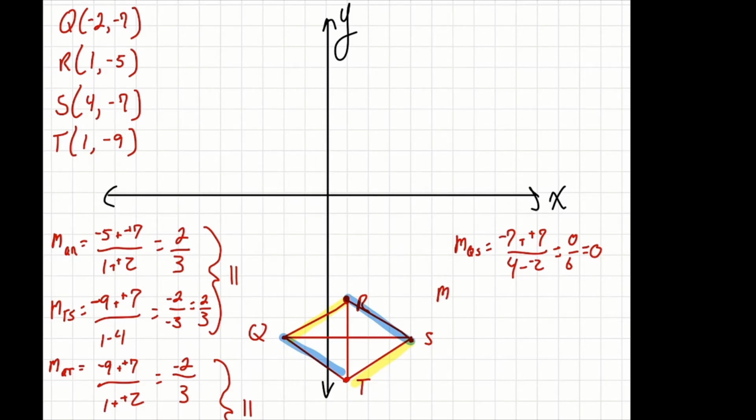But now we're going to do RT. So if you remember back when we talked about slope, the slope of a vertical line, it's not going to be 0. It's the reciprocal of 0, which if you remember way back that the reciprocal of 0 is undefined, meaning we should find a 0 in the bottom when we do our undefineds.